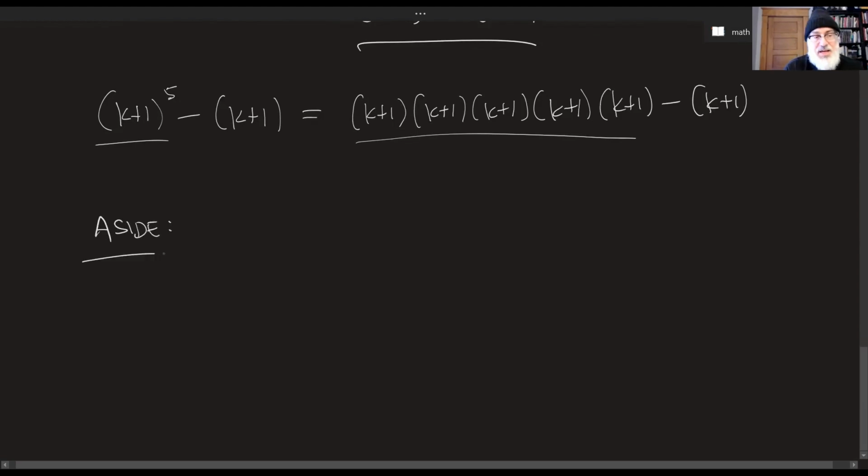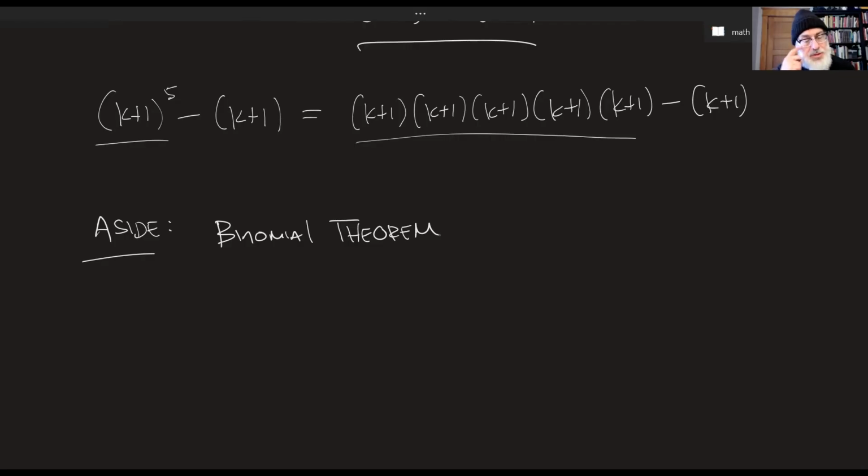So as an aside, we're going to talk about something called the binomial theorem. Once you get used to it, it's a really easy way, one of them at least, to multiply binomials. In this case, (k+1)^5, we want to multiply.